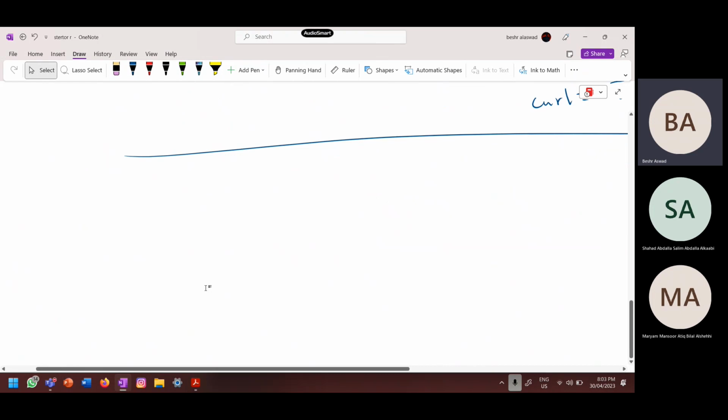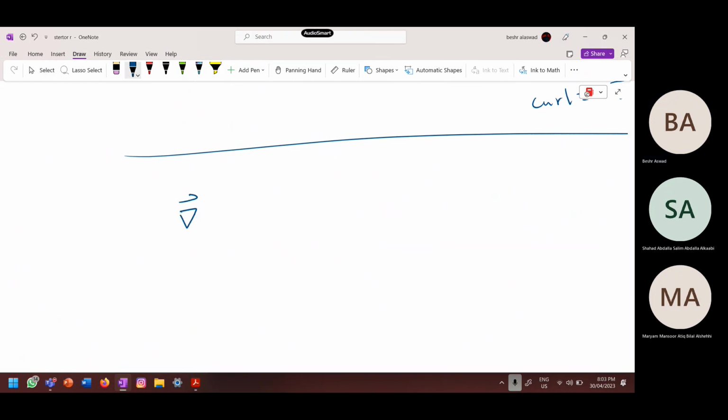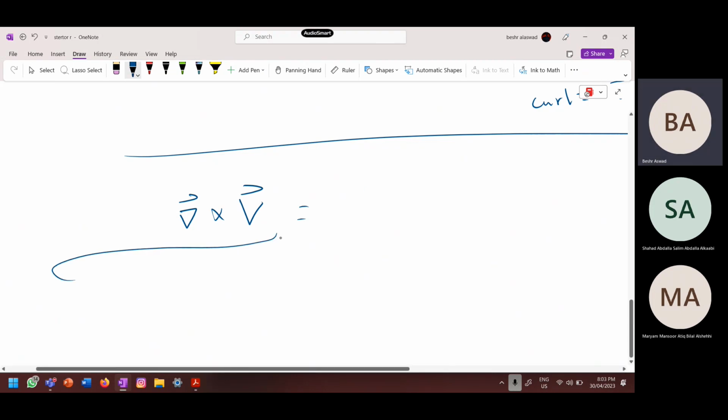Whenever you find the value of the curl of a certain vector, you get three possibilities: 0, positive, and negative.